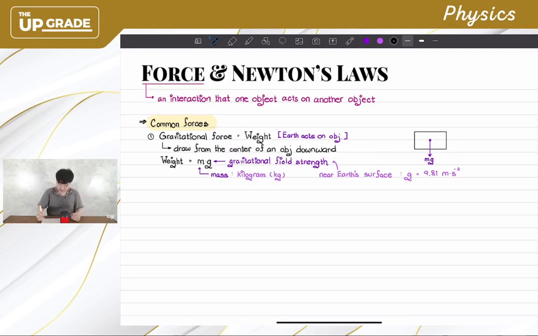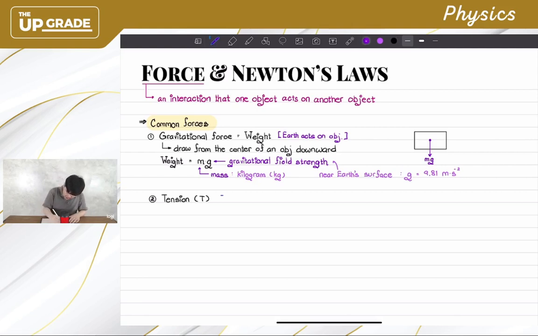Okay, so the second common force is called the tension. We're going to use a symbol capital T for it. The tension comes with the string.